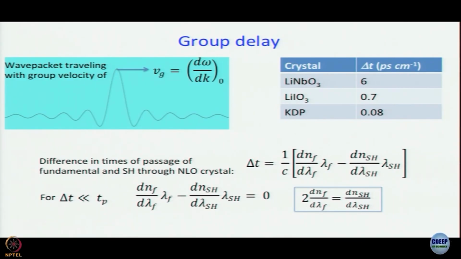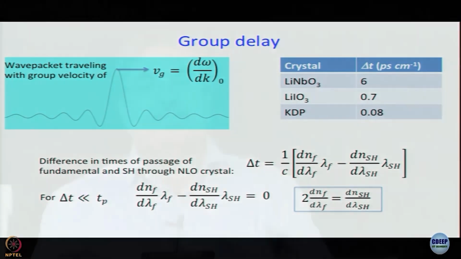See, delta t here is given in picosecond per centimeter, right. So, if you use too thick a crystal, first of all there will be dispersion. So, your pulse will become broad, and this delta t is also not going to help. So, these are several parameters that one needs to worry about when one wants to do nonlinear optical manipulations using your ultra short pulses, right.